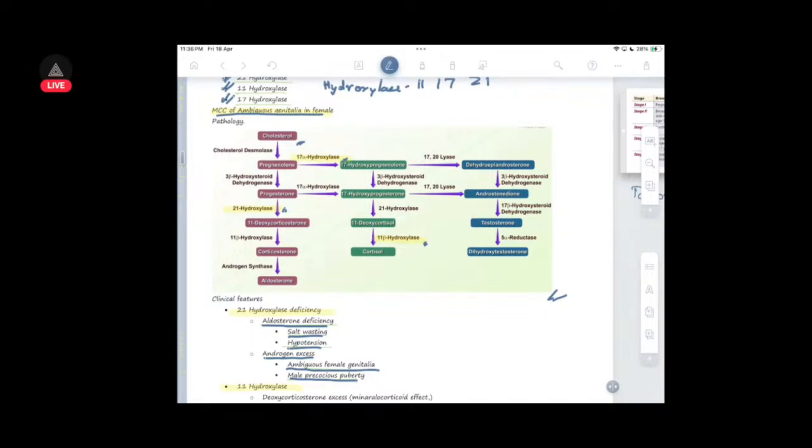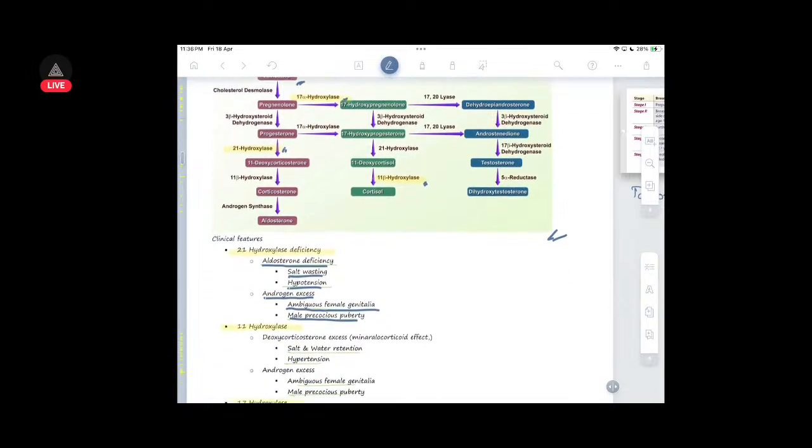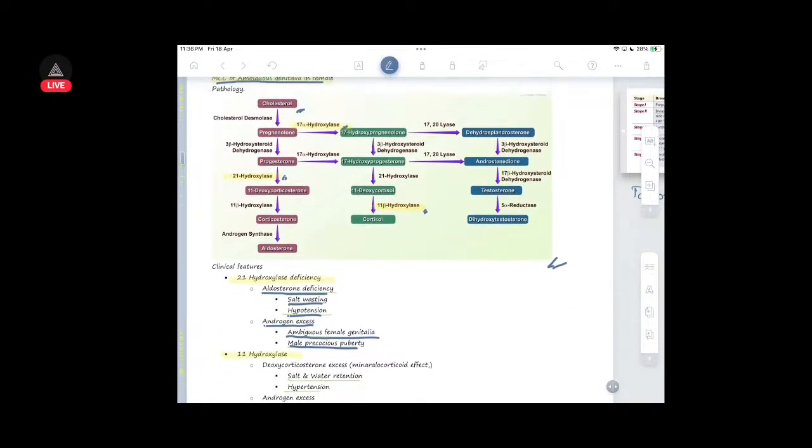First of all, you'll have cortisol deficiency, aldosterone deficiency, and androgen excess. Testosterone and others will be in excess, leading to ambiguous female genitalia and male precocious puberty. Aldosterone deficiency causes salt wasting and hypotension.